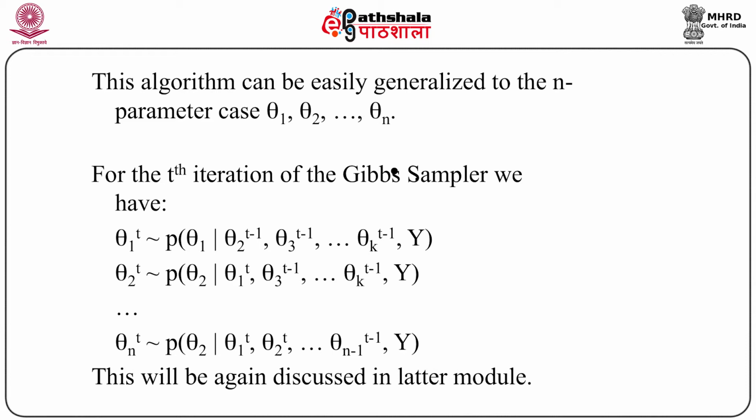So what you can see is that at the tth stage, every draw of the parameter is taken from its complete conditional at the previous stage. And that process is continued until we cover theta n.